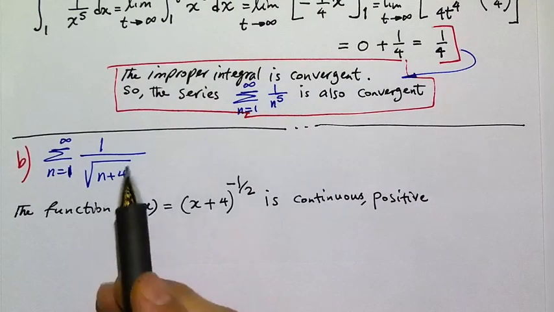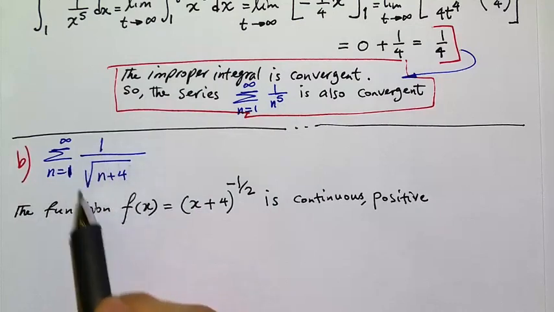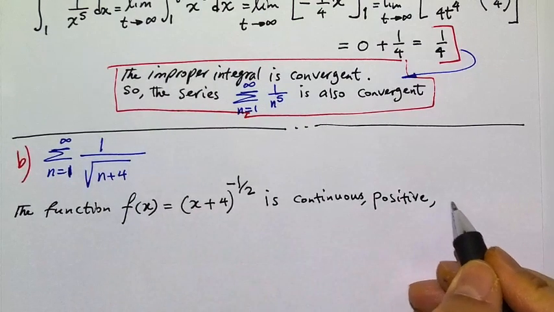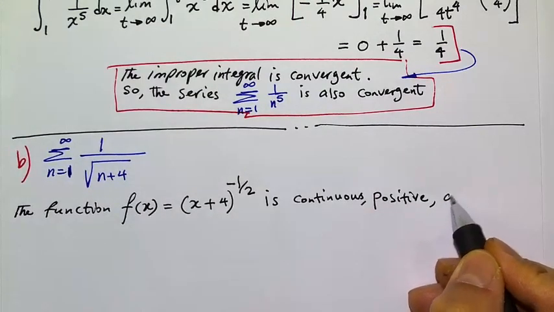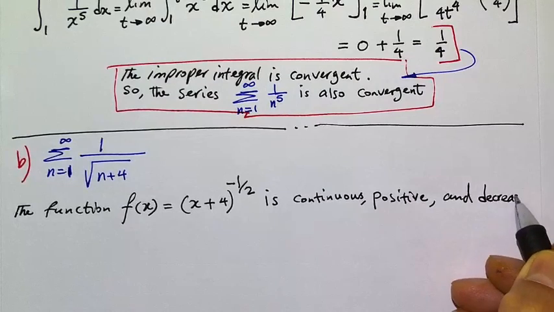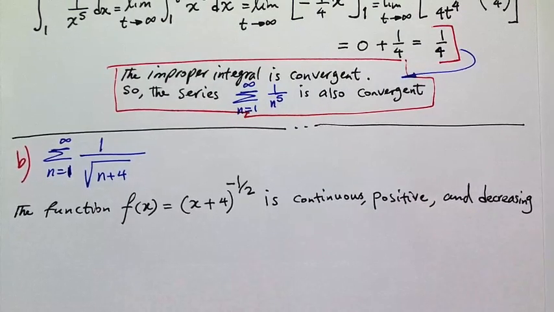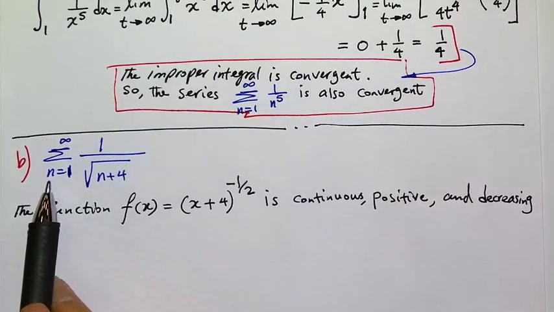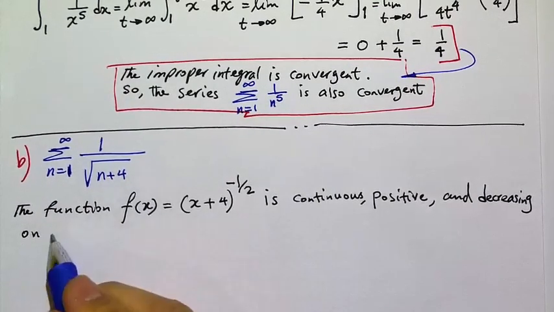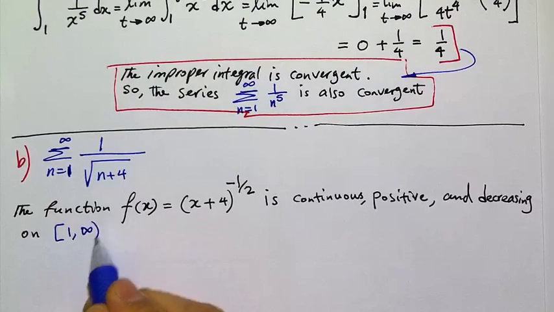Also, because we're dividing 1 by some increasing quantity, this is a decreasing function, and decreasing on that interval. This is important to make a note of, on 1 comma infinity.